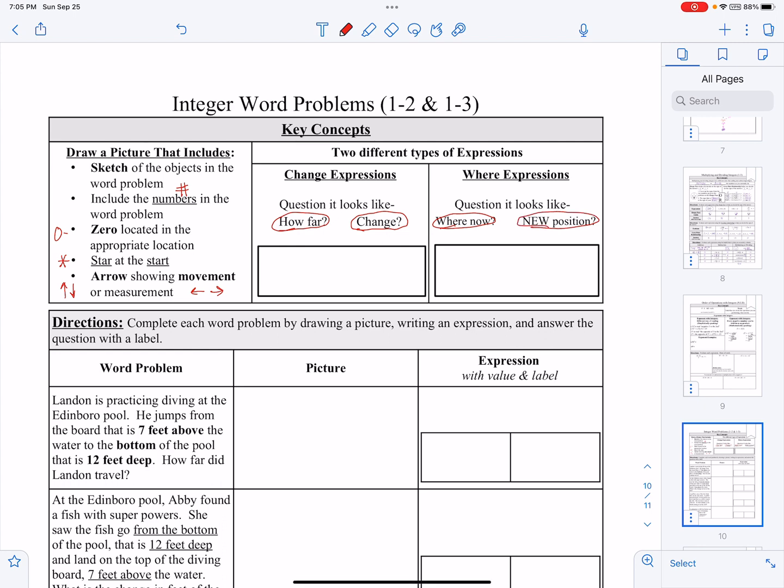For change expressions, we're always going to be doing a subtraction expression, because just like making change or finding elapsed time, you're going to do subtraction to find that difference between start and end, or end and start. And then the where expressions are going to be a little bit different. We'll take a look at that in a minute.